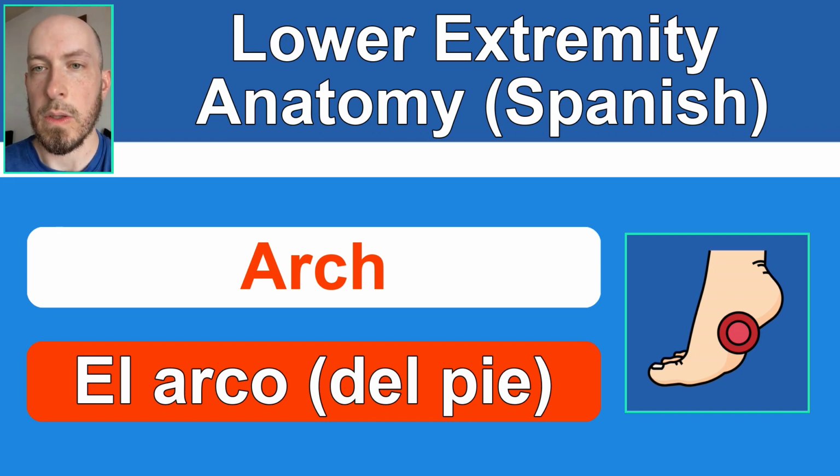El arco del pie. And notice I put del pie in parentheses because it just depends. If you're kind of pointing at their foot when you say it, obviously you wouldn't need to say del pie, but it just depends on the context. Just like in English, a lot of times people know from the context what you're talking about.